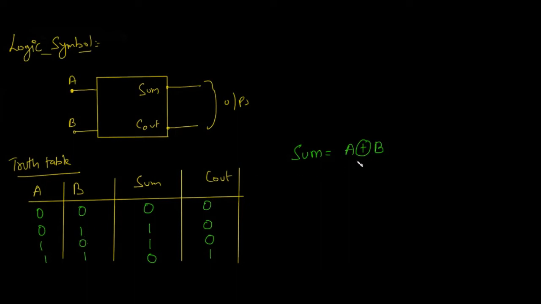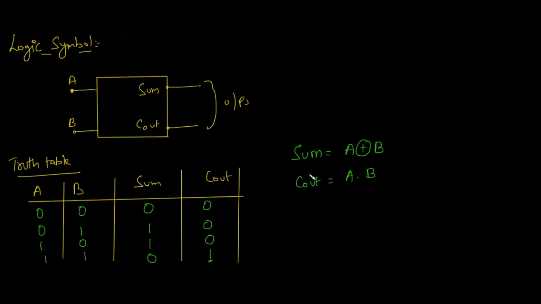So sum can be A XOR B. So C out or carry out can be A and B, right? This one gets a high value when both of the inputs are high, right?